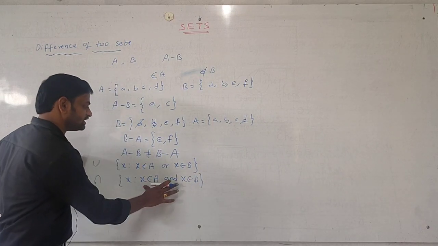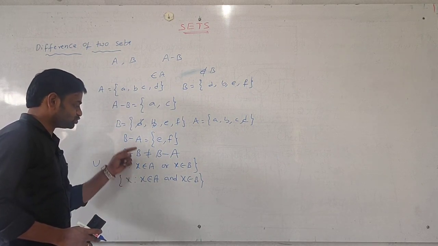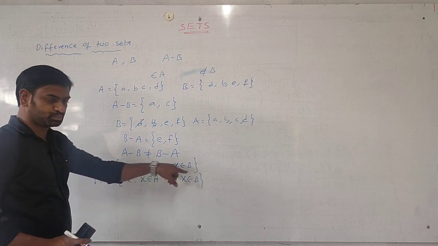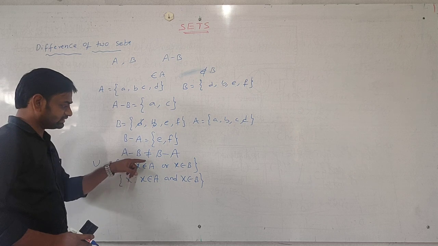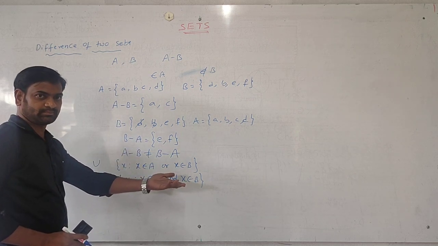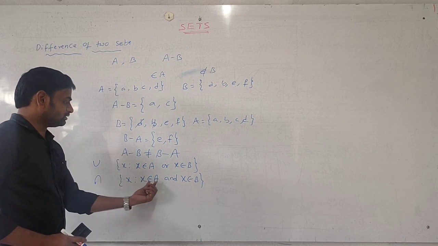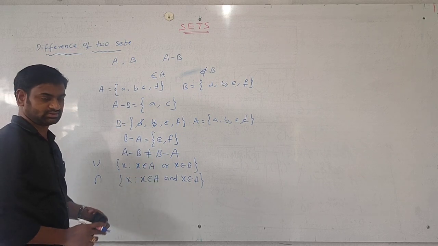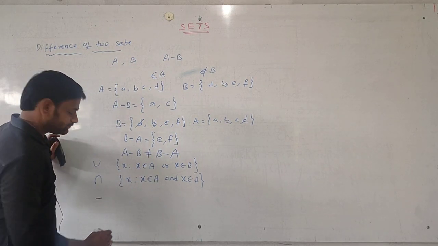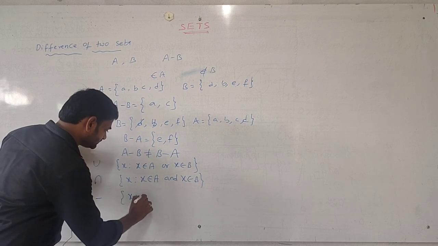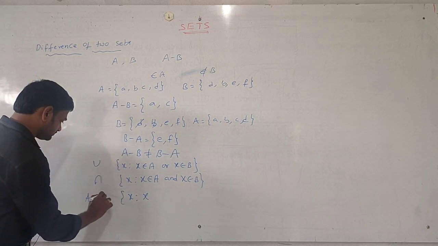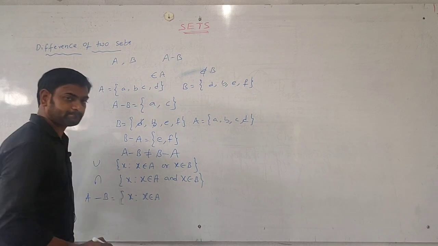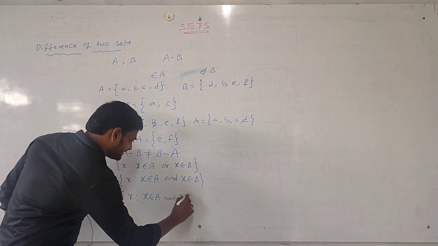That means this X compulsorily should be in A and should be in B. Here in the union, X is in A or X is in B, any set. But here X is compulsorily in both the sets. Next, difference: A minus B means {X such that X belongs to A and X does not belong to B}.